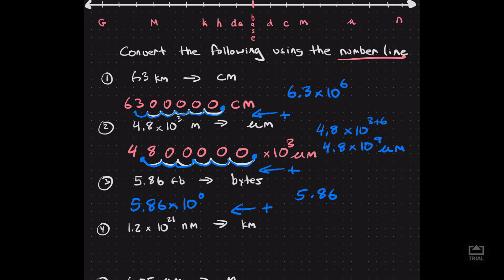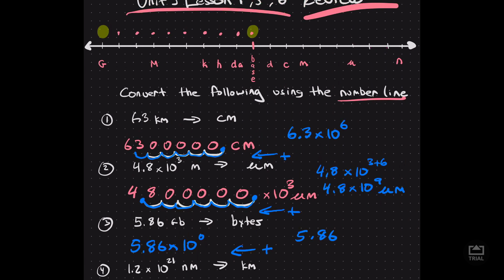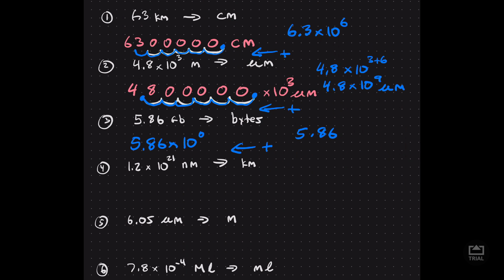5.86. And now because I'll be coming back, I forget how many jumps we made. 1, 2, 3, 4, 5, 6, 7, 8, 9 jumps. I'm going to basically take that times 10 to the 0, and I'm going to add 9 to it.